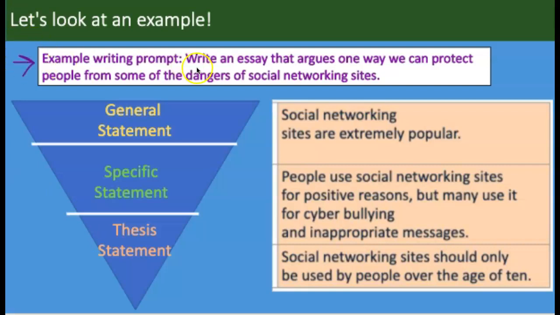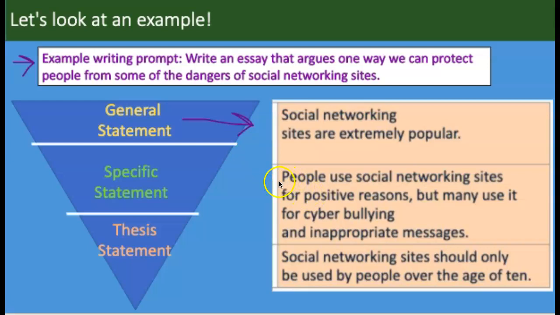this example writing prompt, which says, write an essay that argues one way we can protect people from some of the dangers of social networking sites. So for their general statement, the student wrote, social networking sites are extremely popular. So it's starting to introduce the topic, giving us an idea of what this is going to be about.